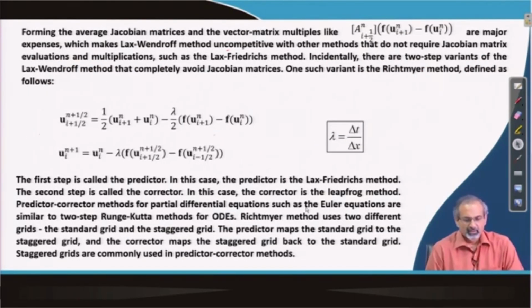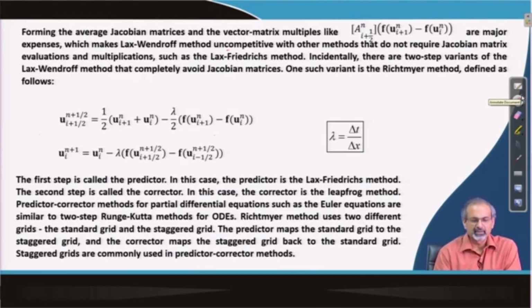Now, forming the average Jacobian matrices and carrying out these vector matrix multiplications can add to the expenses significantly, and they can go to an extent where the Lax-Wendroff method can become uncompetitive with other methods.